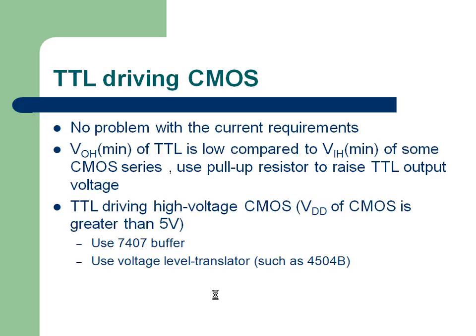Now coming to VOH minimum of TTL. What is VOH minimum? VOH is output high, the minimum value that TTL gives is low compared with the VOH minimum of some CMOS series. Use a pull-up resistor to raise the TTL output voltage. Something interesting which we have to learn. Now this is the correct place where we learn about what is called a pull-up resistor.